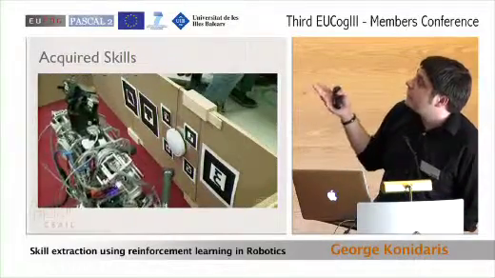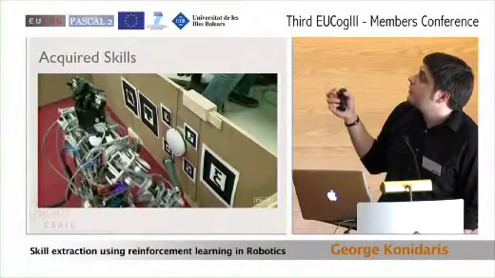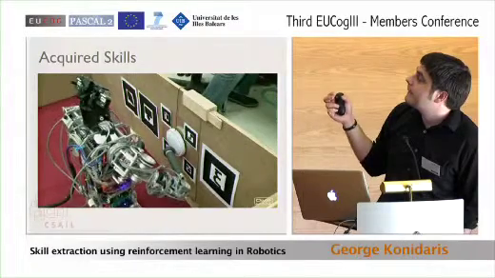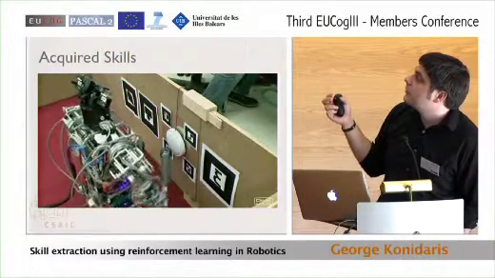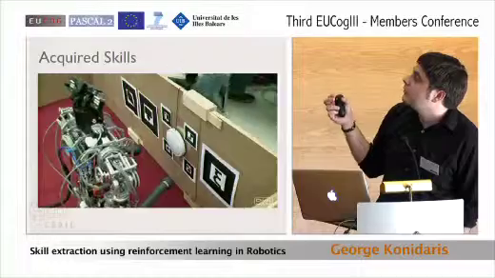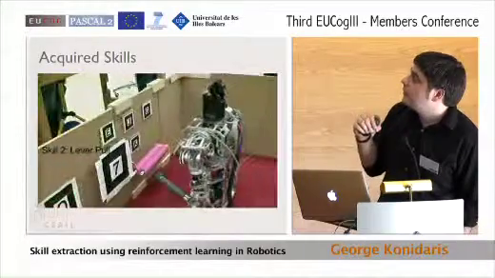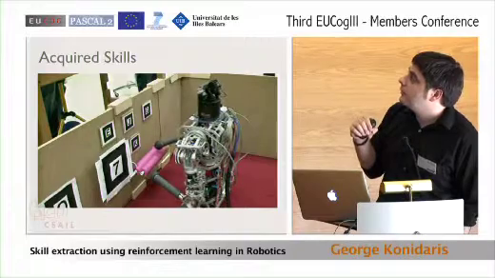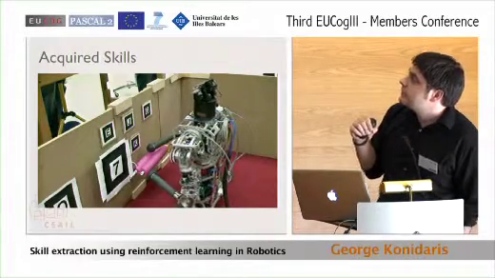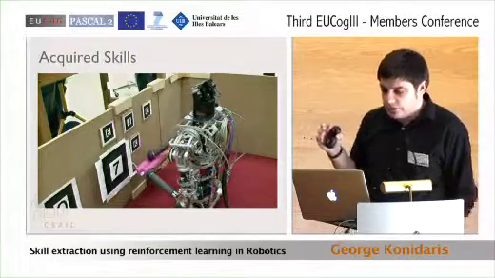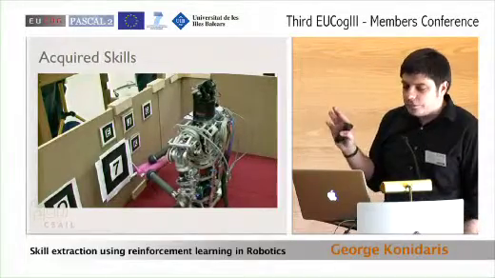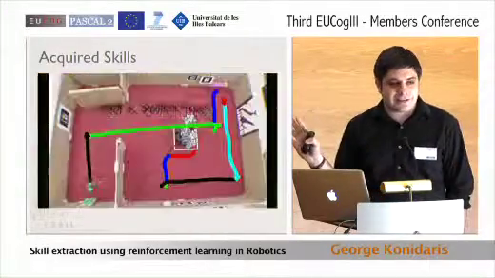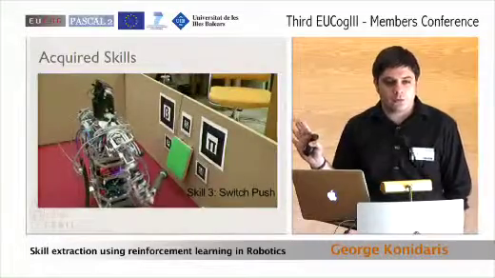And pulling the handle. And pushing the switch. The robot's kind of slow because it's dynamically balancing, so everything wobbles as it moves. You can't move it very quickly, unfortunately.